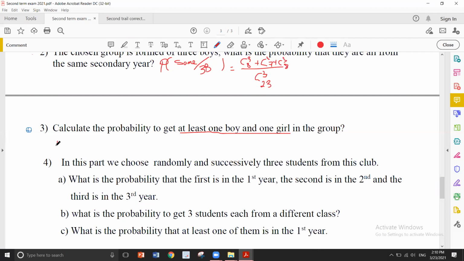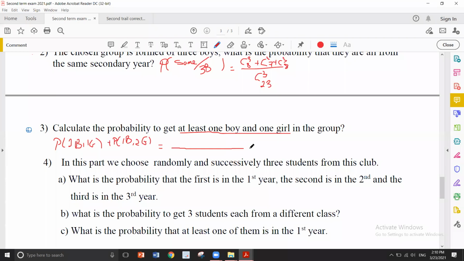It means it has to be 2 boys and 1 girl, or 1 boy and 2 girls. Whenever we translate it like that, it is easy to calculate the probability.